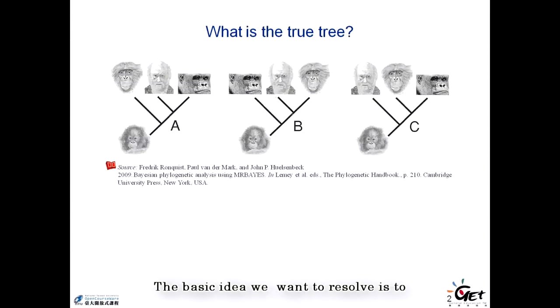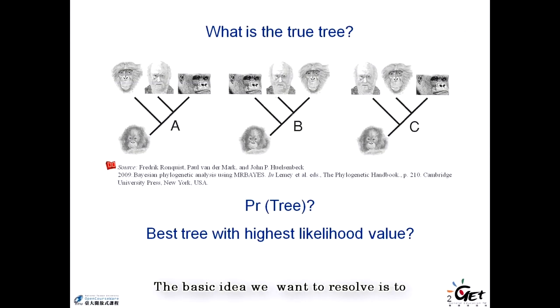The basic idea we want to resolve is to find the best tree to resolve the relationship for whatever it is. So for example, here we have the relationship among human, gorilla, and chimpanzee. If we use orangutan as an outgroup, there are only 3 different hypotheses.